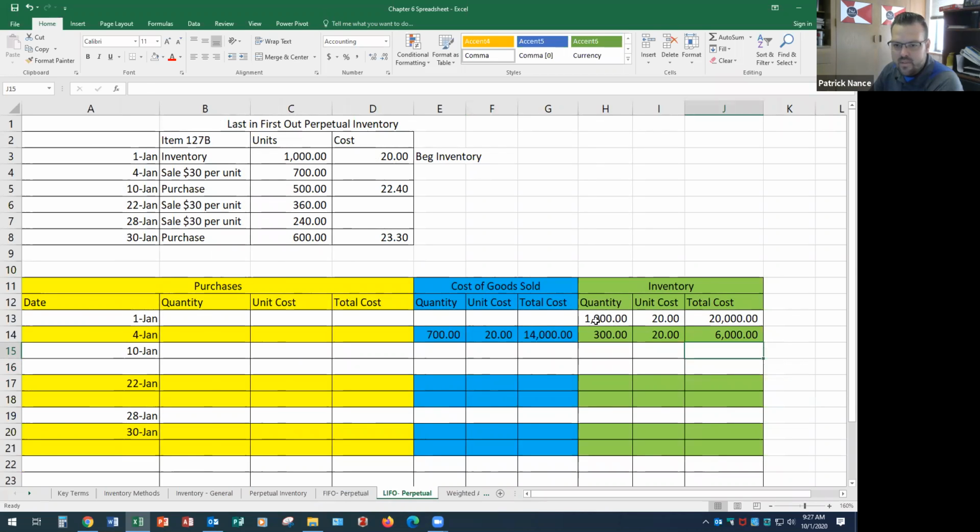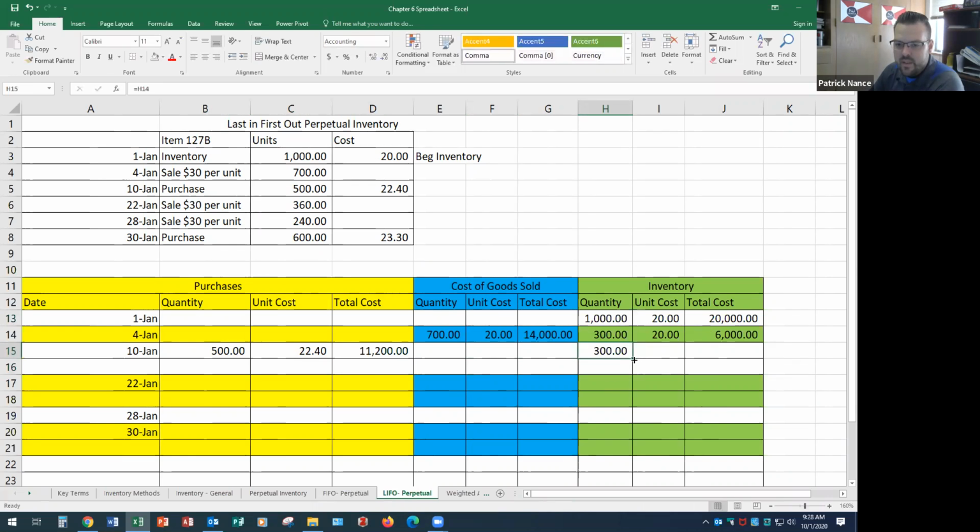And a layer of inventory, I'm just meaning that we have multiple costs. If I have more than one cost, each cost is what we call a cost layer. Okay, January 10th, we bought 500, at a cost of $22.40 each for a total cost of $11,200. So now I have two layers of inventory.